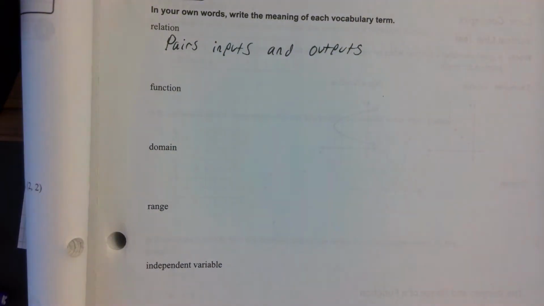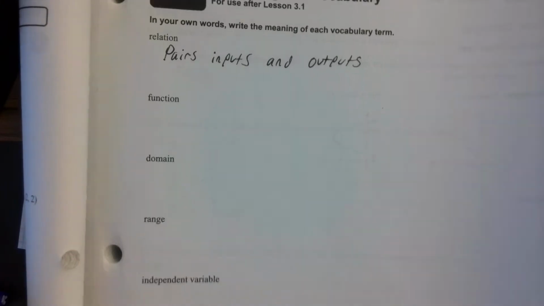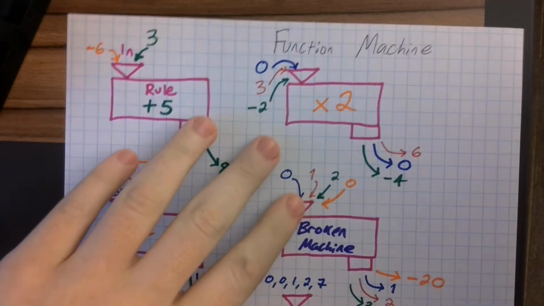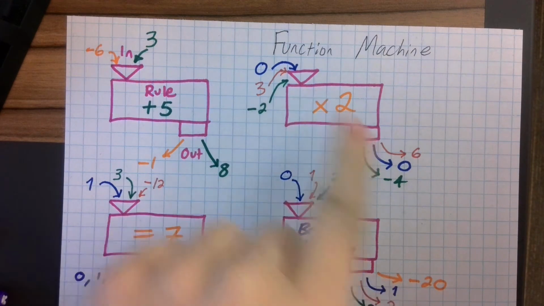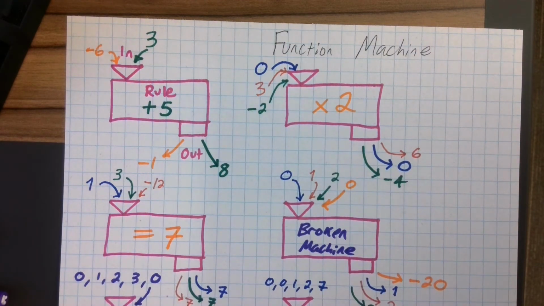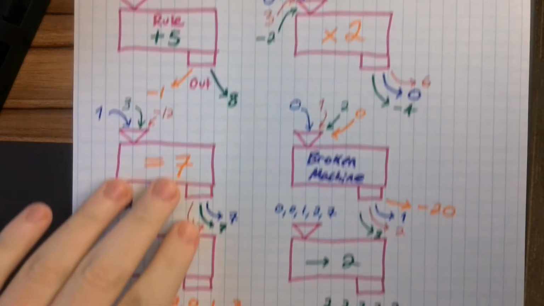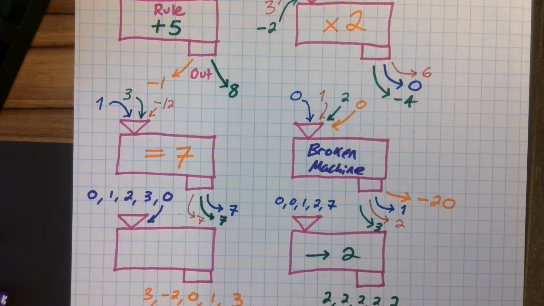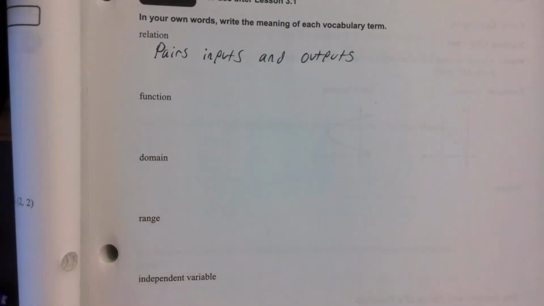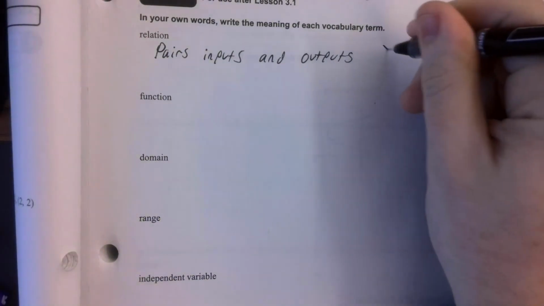So our function machines really kind of showed different relations. The relation could be, oh, whatever you plug in, you multiply by 2 to get an output. Or the relation could be, whatever you plug in, you get 7. A relation is just a way of describing how inputs turn into outputs. You could think of it sort of as a rule.